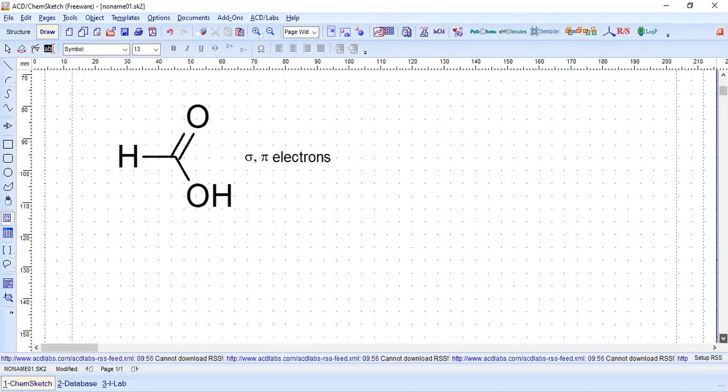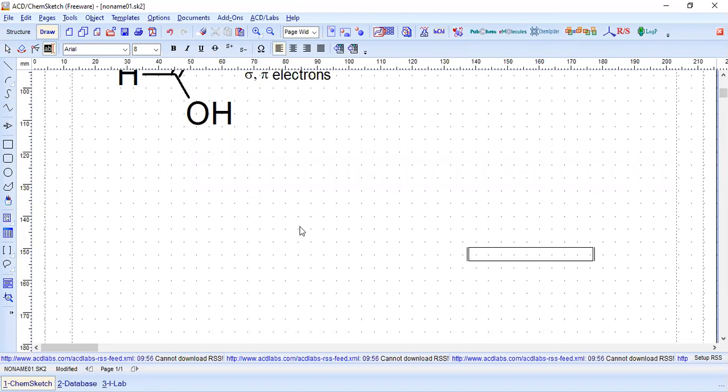What is sigma? It is a bonding electron.